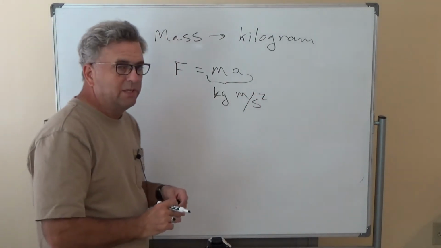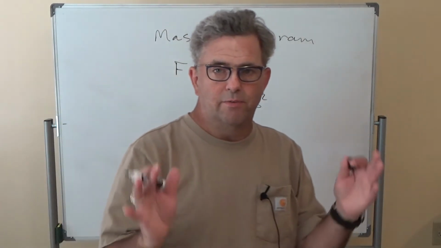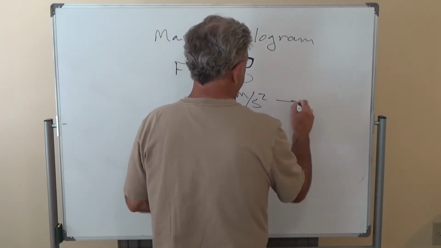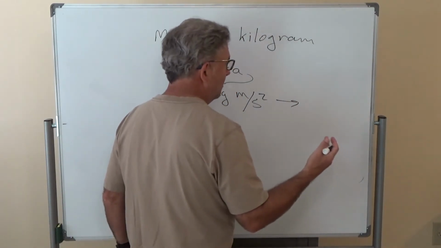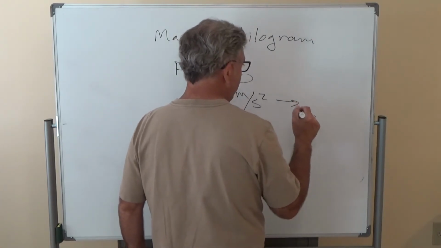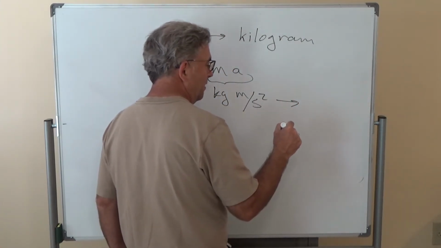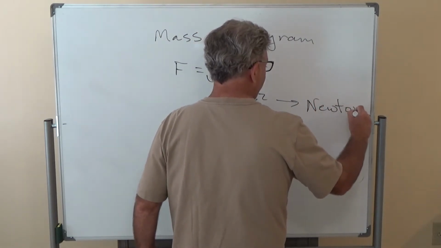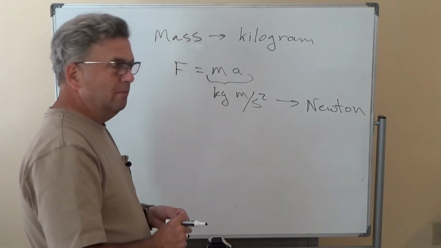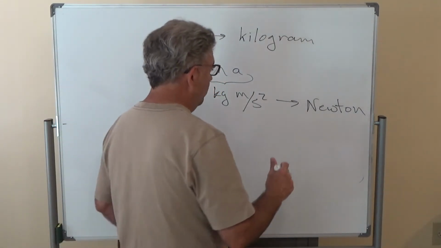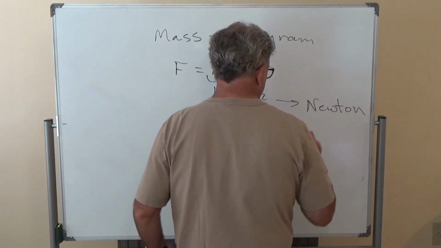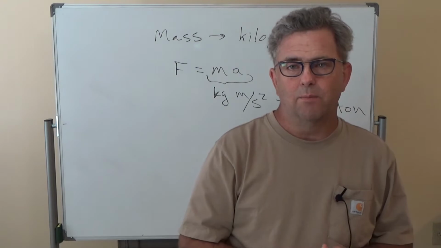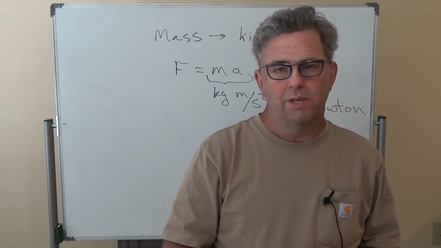Those are the units in the fundamental units: kilograms, meters, seconds. This has a name, and it's called a Newton. The symbol for a Newton is just capital N. That's the SI symbol for newtons.